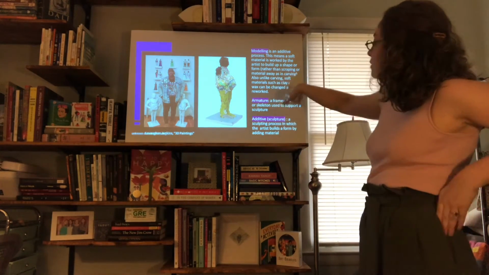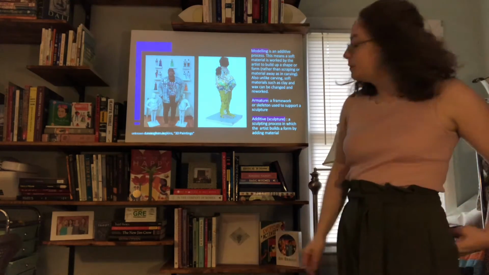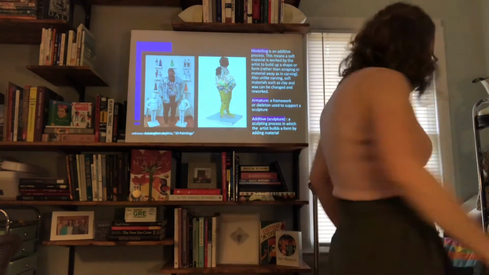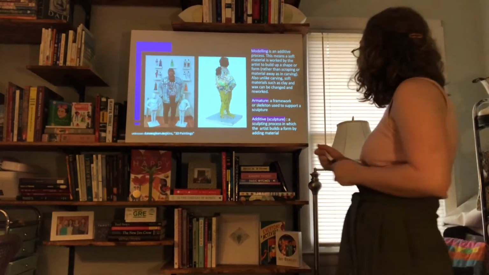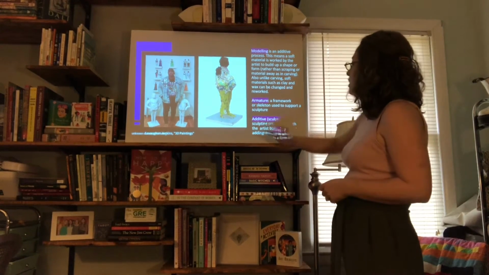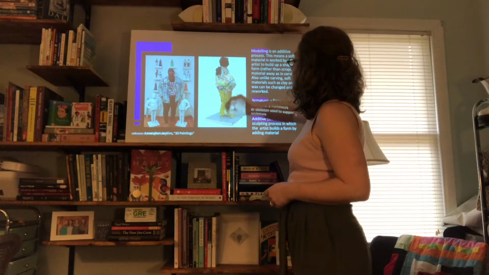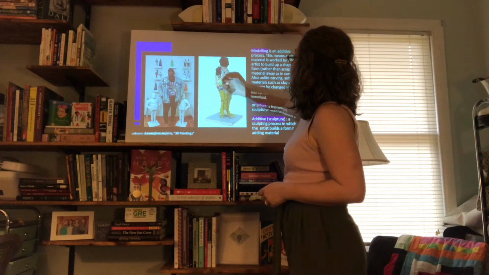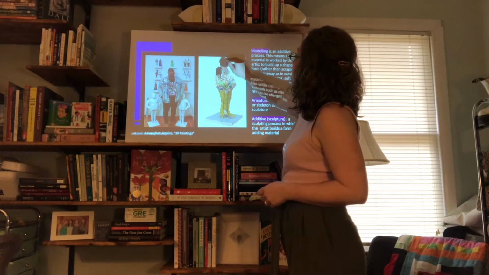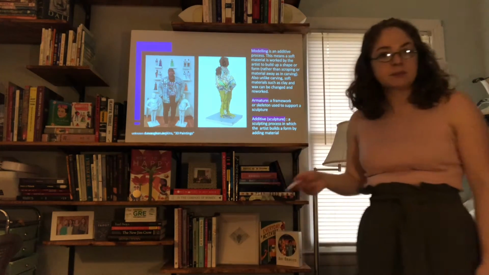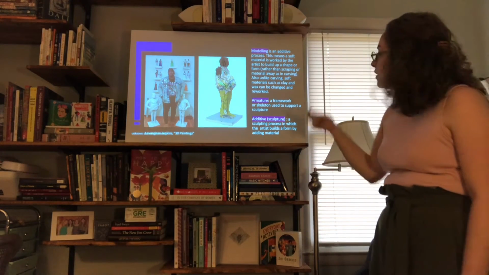What he starts with is an armature. An armature is just a framework or skeleton used to support a sculpture. So if you had an armature, it's going to be like this, and then maybe he would have some wire and then a little ball. I don't even know if y'all can see that.